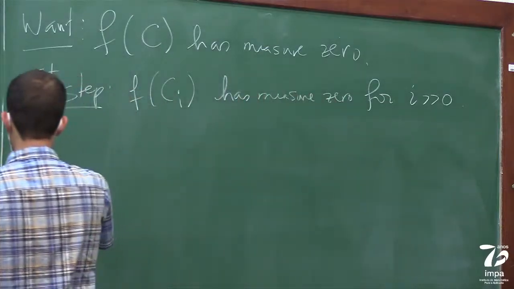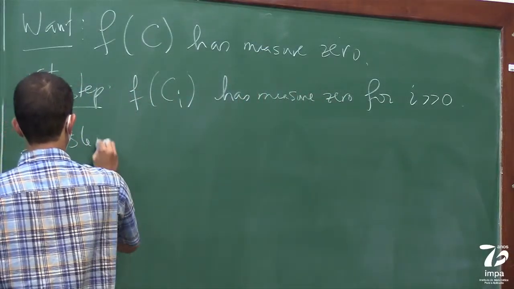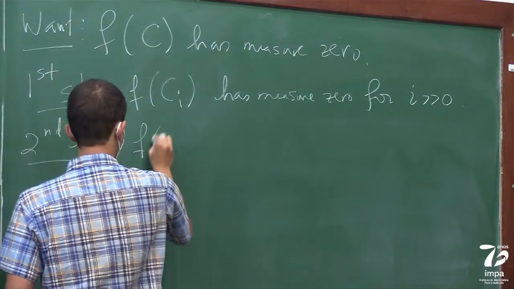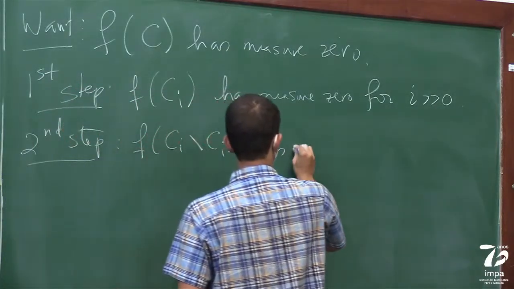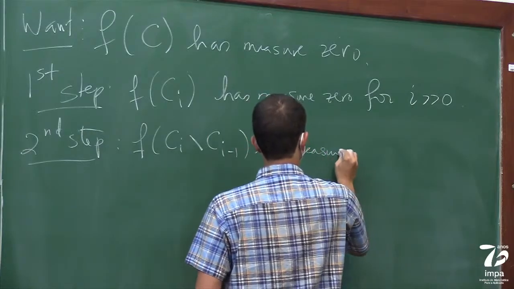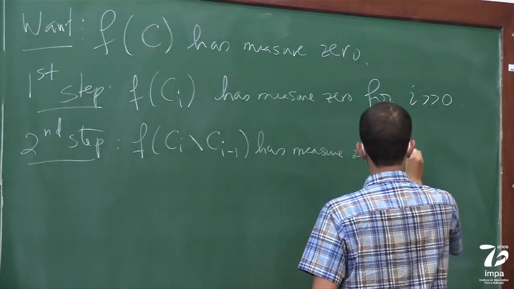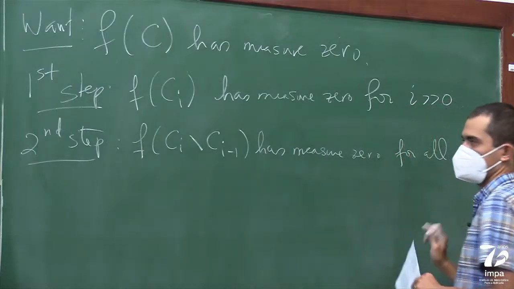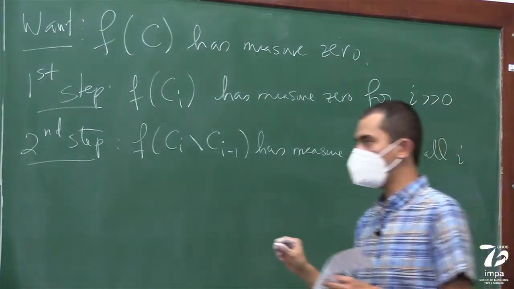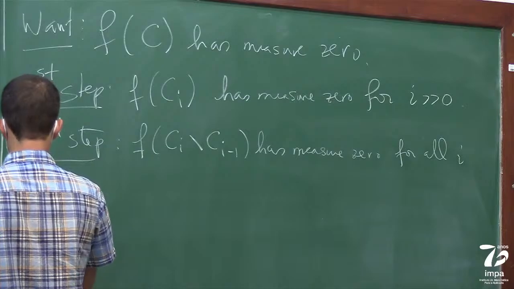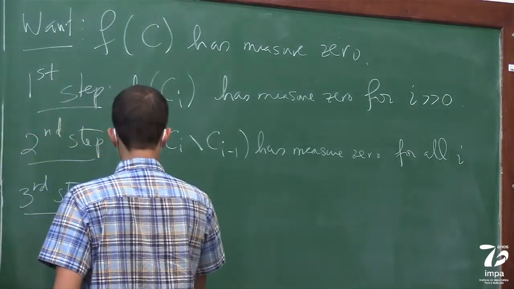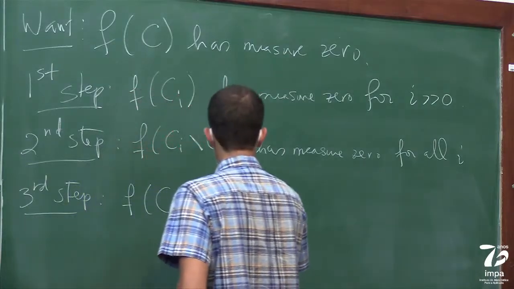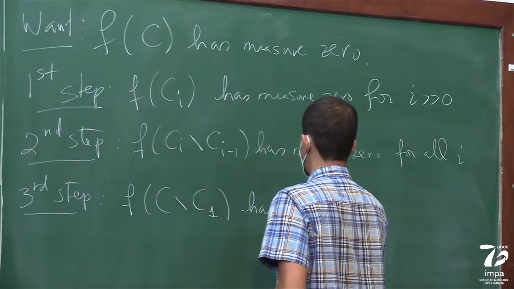And then the second step is to show that f of Ci minus Ci minus 1 has measure 0 for all i. And the third step is to show that f of C minus C1 has measure 0.